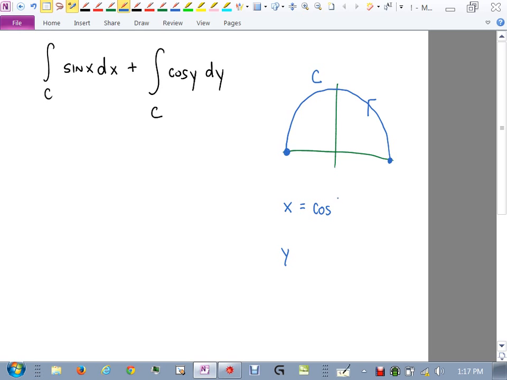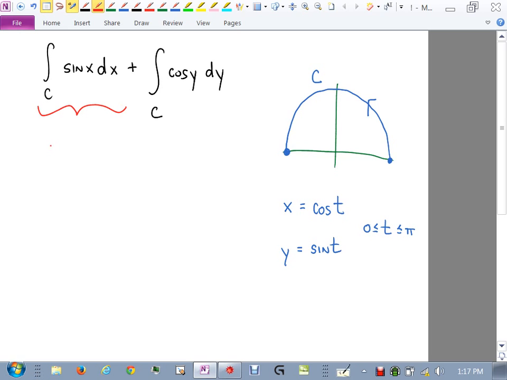So cosine t. Y would be sine t. And what's my restriction on t? 0 to pi. Everyone agree that these parametric equations with these restrictions on t would draw that curve C? Yes? All right, let's work with this first integral right here. Let's work with that one first.